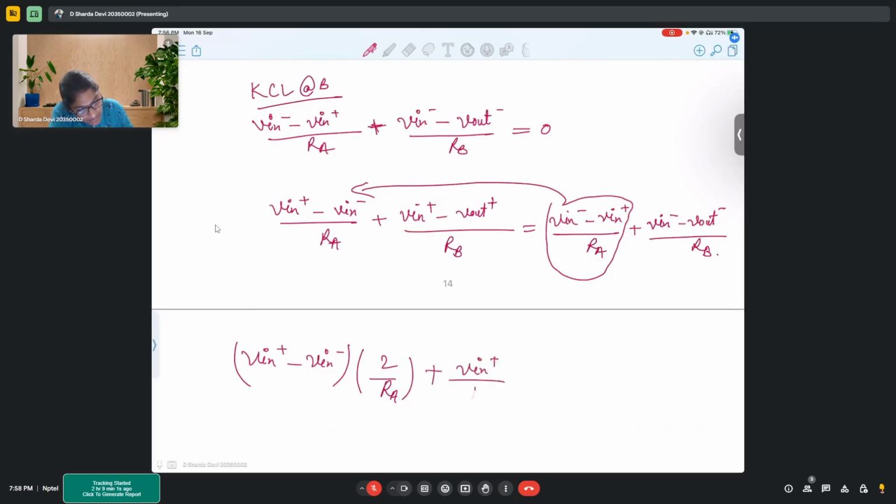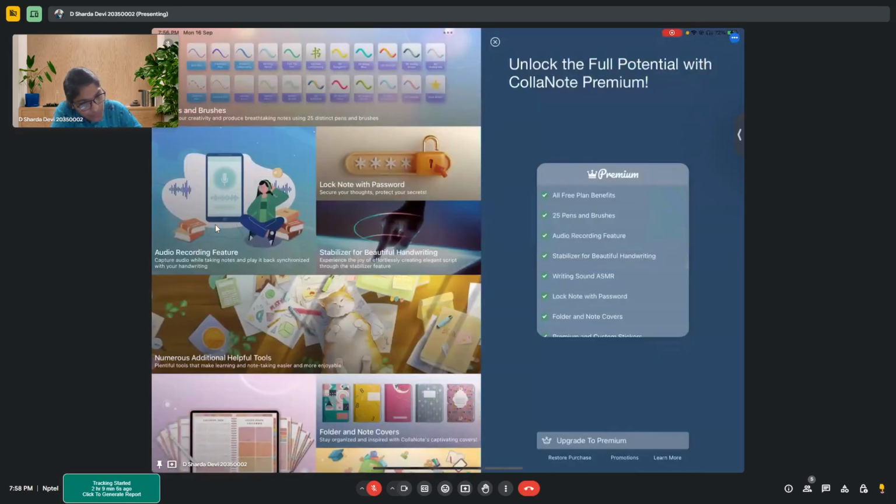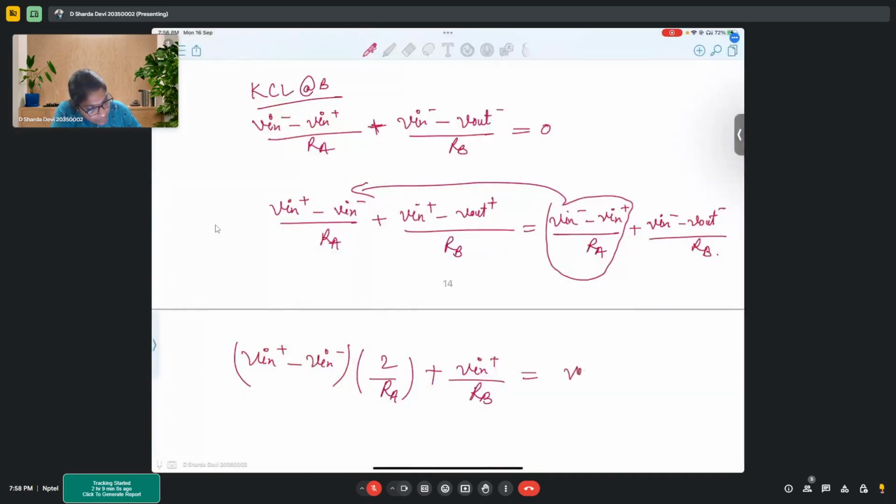Plus Vn plus by Rb equal to V out plus by Rb. I'm bringing V out to this side.